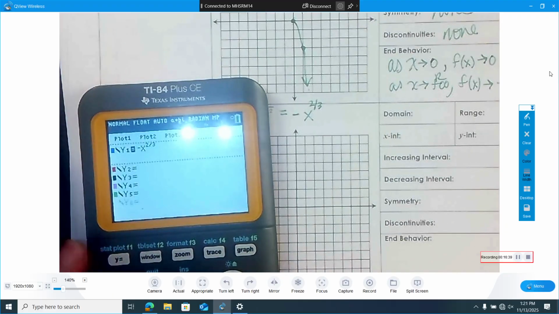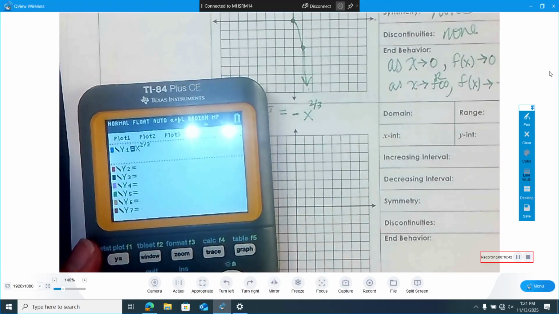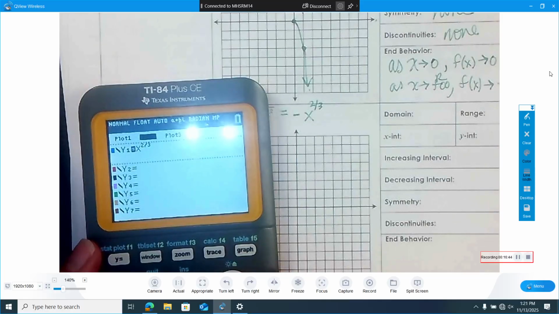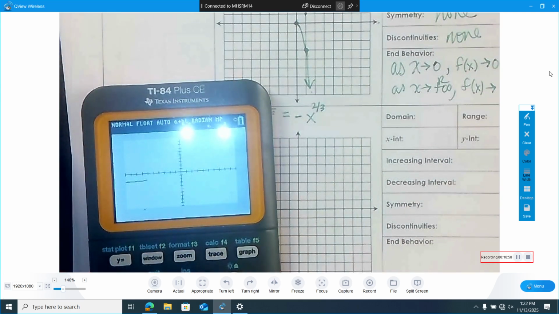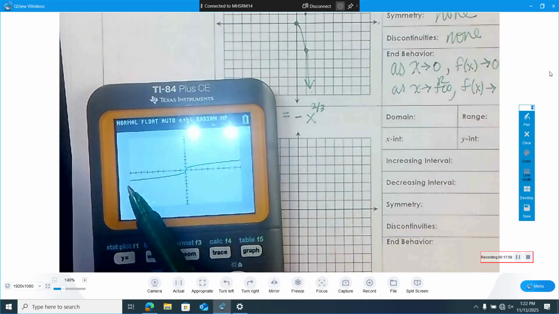I want to get rid of the negative, first of all. And if it was just x to the 1/3, we know that this is our side-to-side sort of curve. So here is that cube.